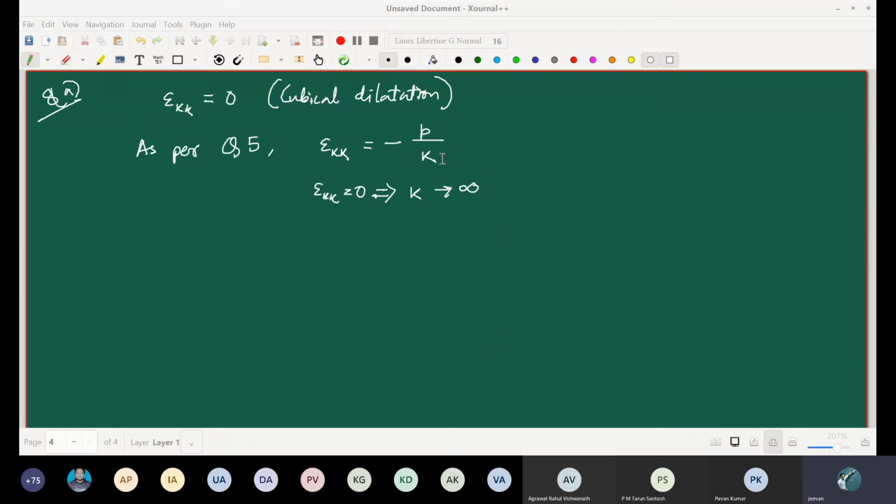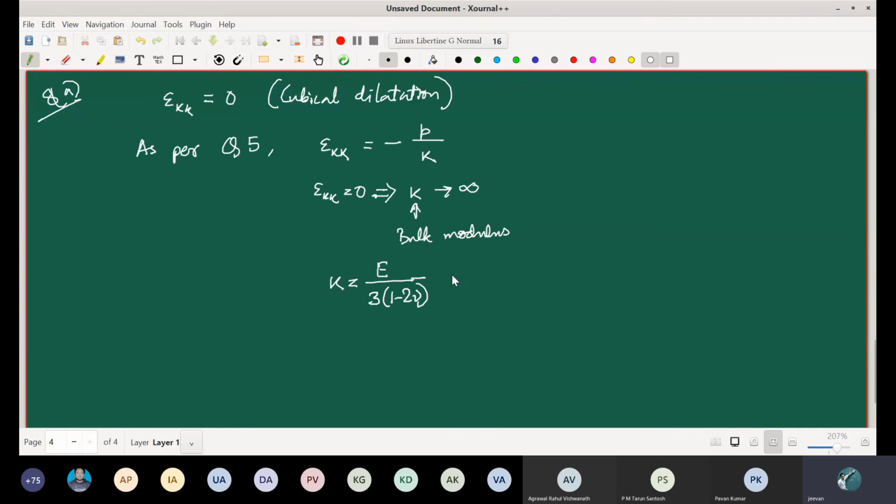The expression of k involves E, so k is equal to E by 3 into 1 minus 2 nu. This tending to infinity implies that the denominator 3 into 1 minus 2 nu must tend to 0, and that is possible only when nu tends to half. That's it. So Pawan is perfectly all right.